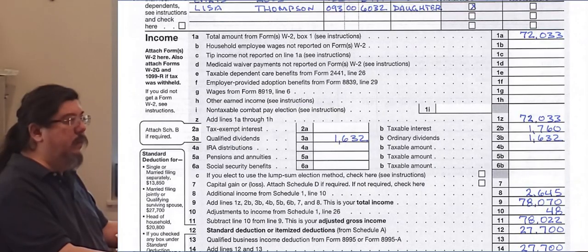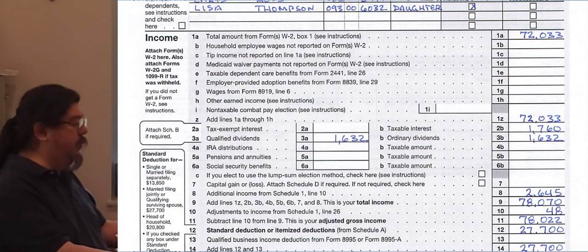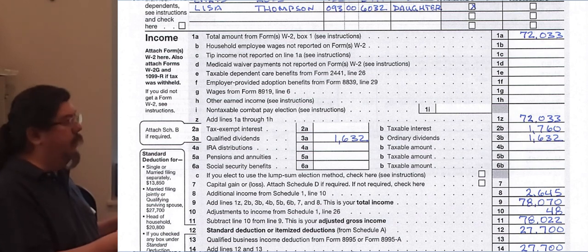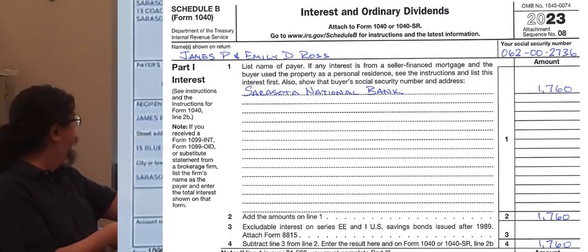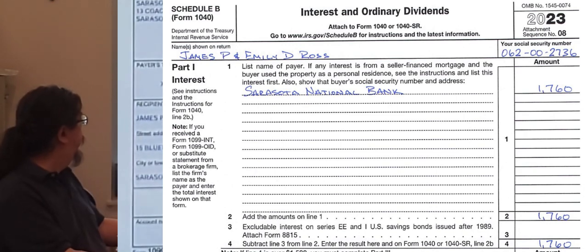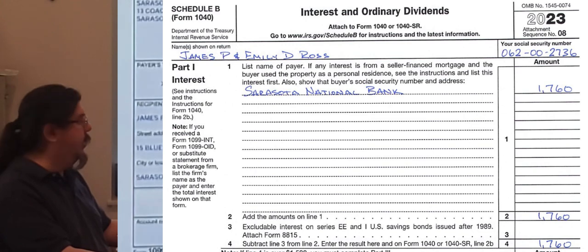So that is correct. But the interest income would go on line 2b, and because it's more than 1,500, it also has to be reported on Schedule B. So interest income is reported on Schedule B, also on line 2b of their tax return.